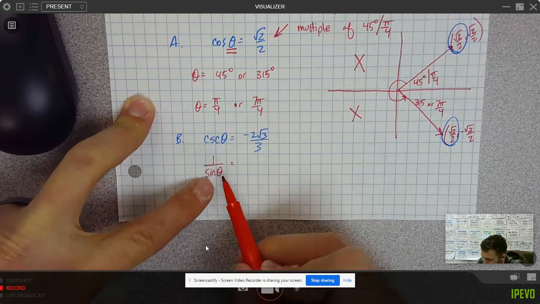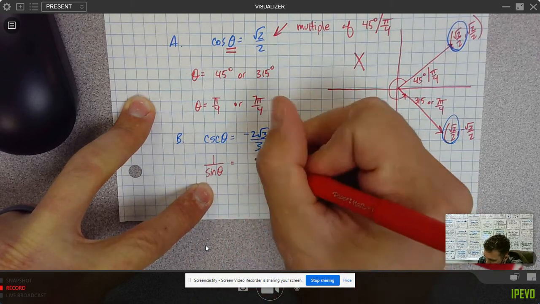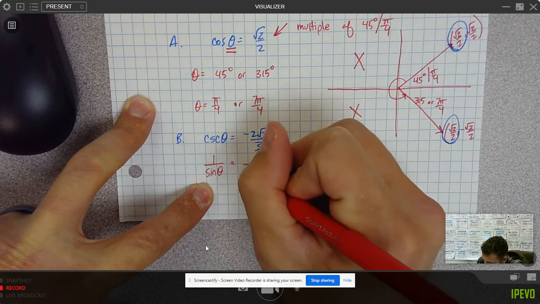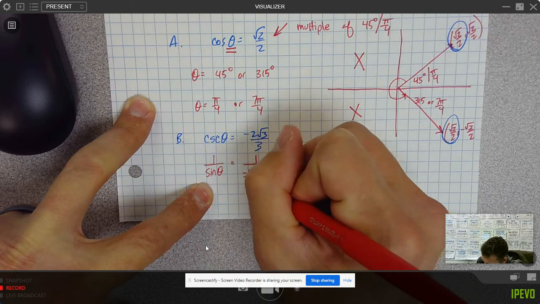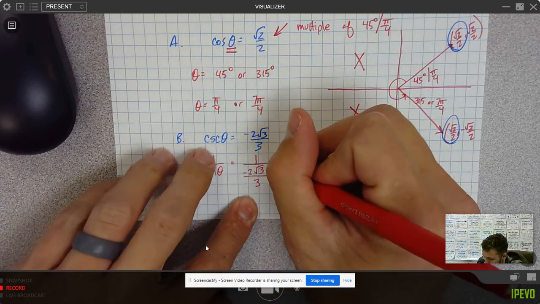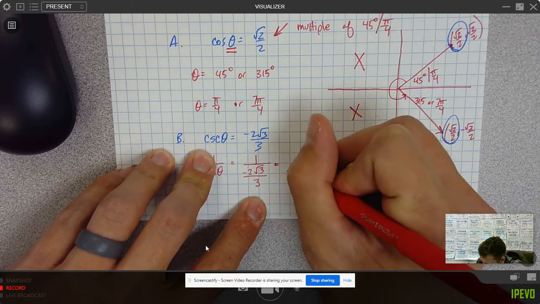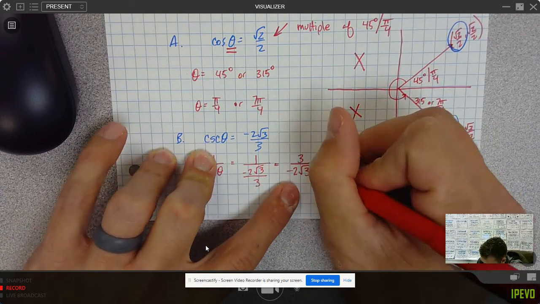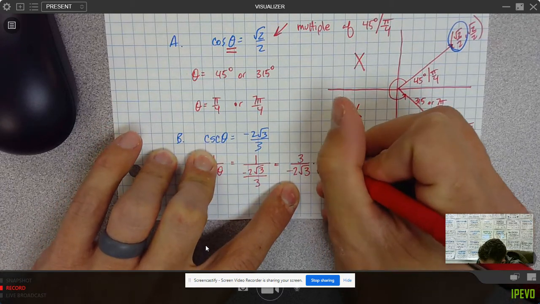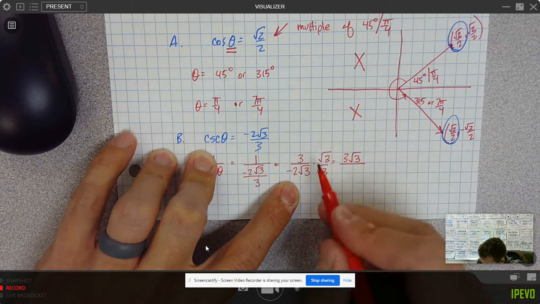So I'm going to multiply by the reciprocal. So I get 3 over negative 2 square root of 3. I'm going to rationalize. So I get 3 square root of 3 over negative 2 times 3. Here those 3's are going to simplify, and so we get square root of 3 over negative 2. Okay. So the sine value should be a negative square root of 3 over 2.